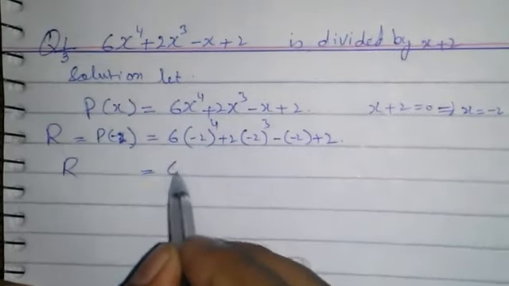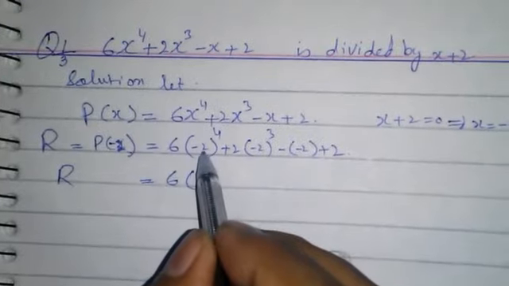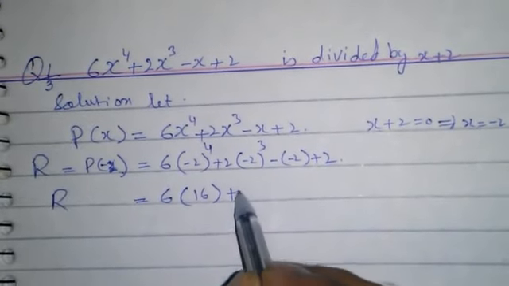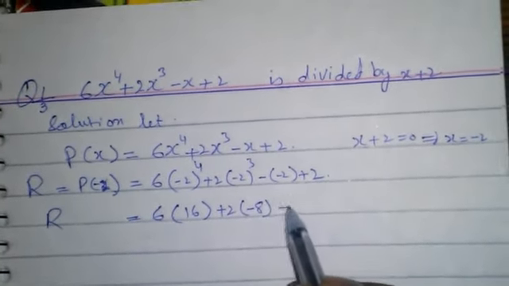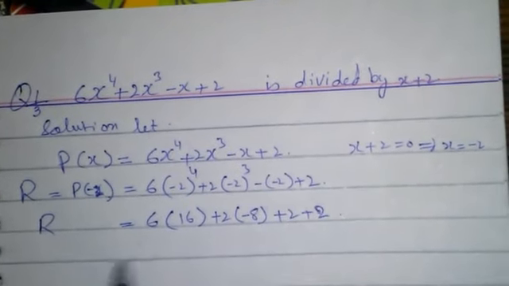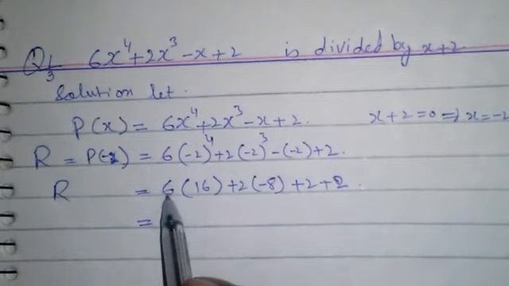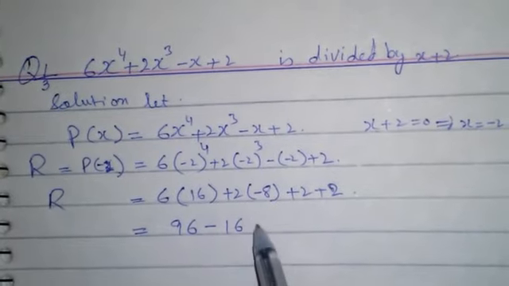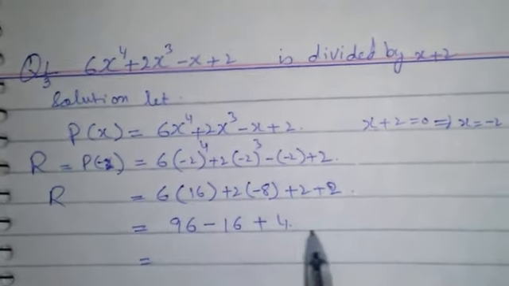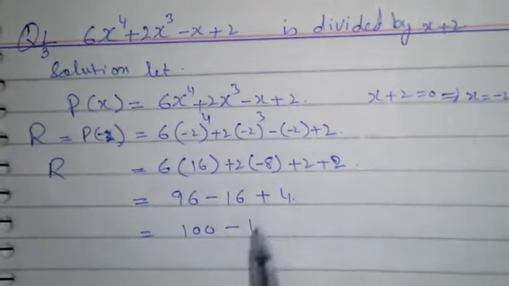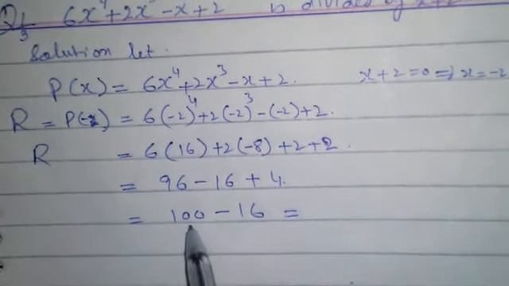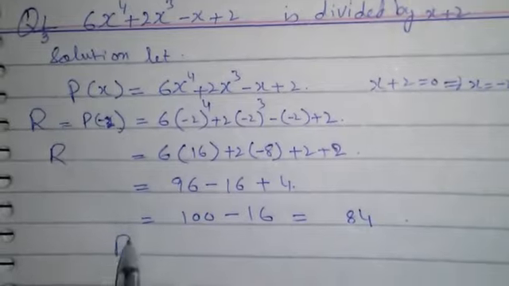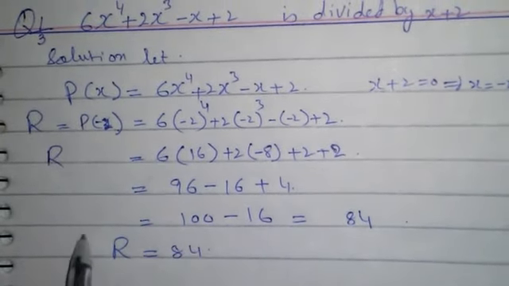R is equal to 6 into 16 plus 2 into minus 8 plus 2 plus 2. 6 6s are 36, 96 minus 16 plus 4 equal to 100 minus 16, 84. R is equal to 84.